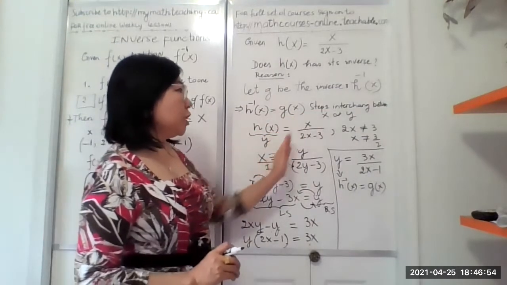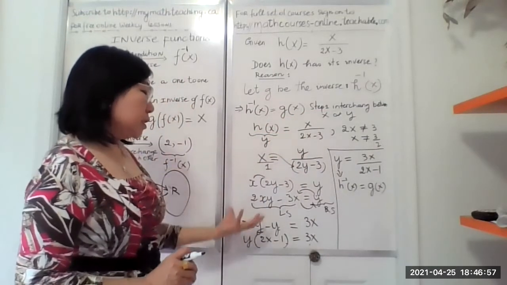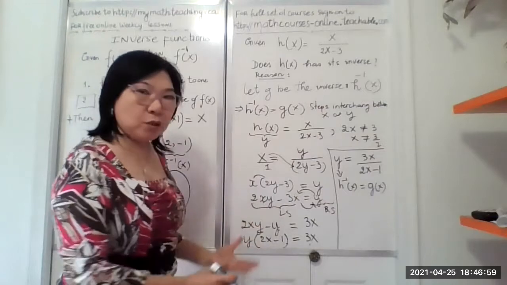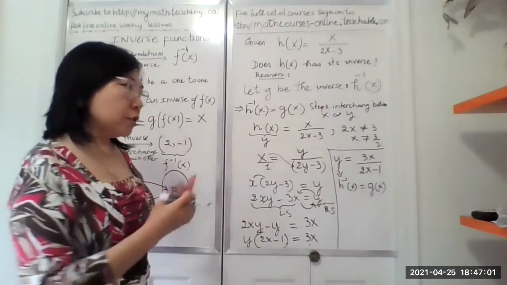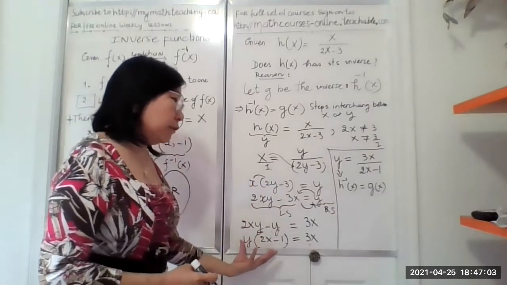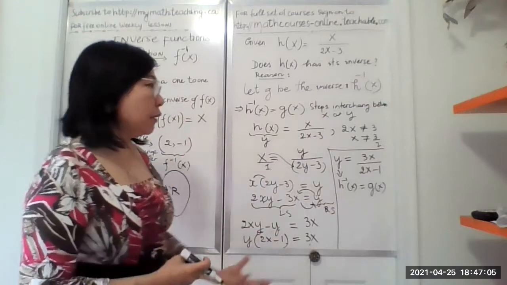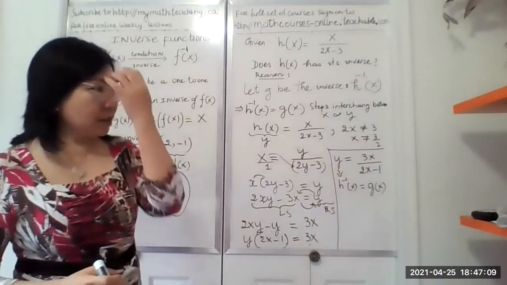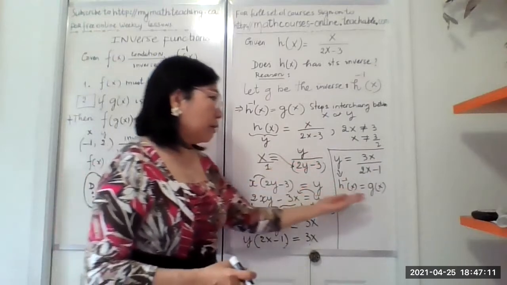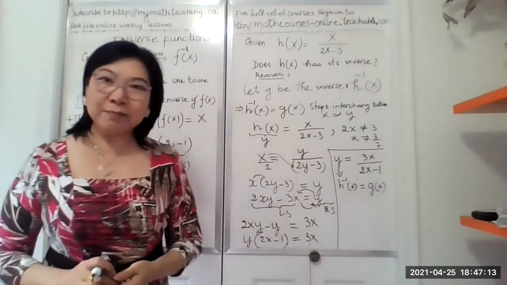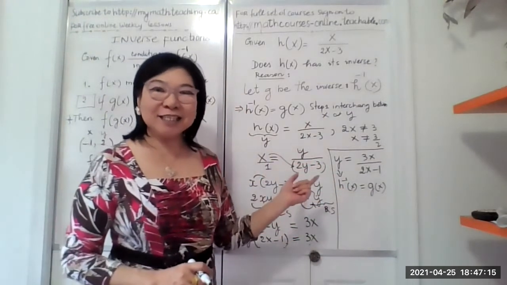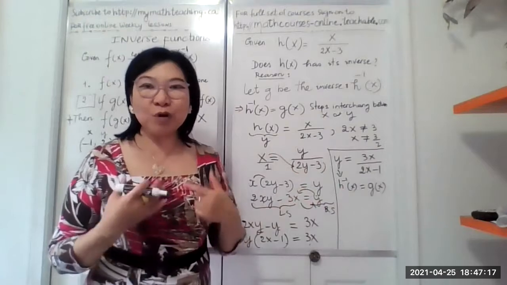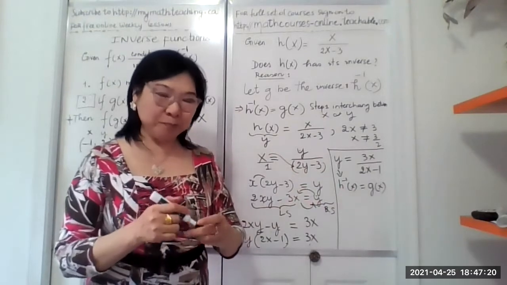It's like we're interchanging the coordinates. Then step two, just distribute, simplify and solve for the new y function. The new y function becomes the inverse function and becomes g of x, whatever we want to name it.